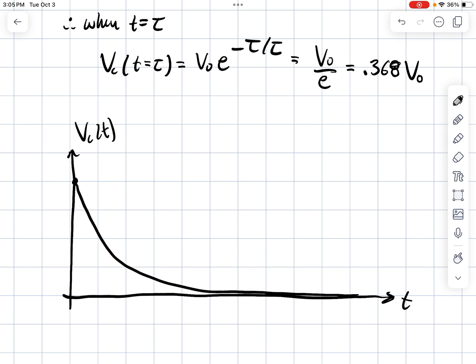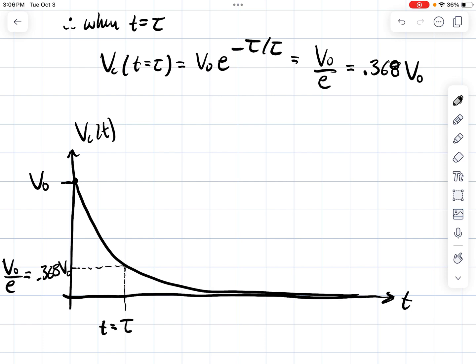So what I want you to do is to find the peak voltage, which maybe we'll call V naught, and then find where on that curve do you encounter V naught over e, which is 36.8% of V naught. And once you find that vertical position, then you just go down and you'll say that occurs at the time t equals tau.